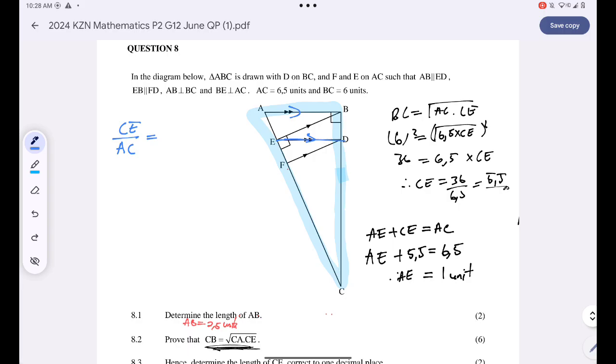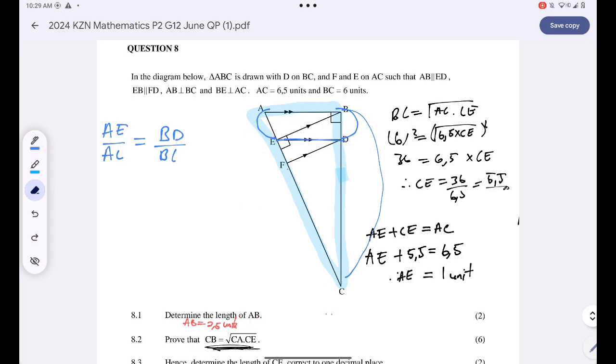Let me check. No, let me use different ratios. Let's go with AE and AC. AE all over AC is equal to BD all over BC. Are you together? This over that is equal to this over that, according to the proportionality theorem, right?